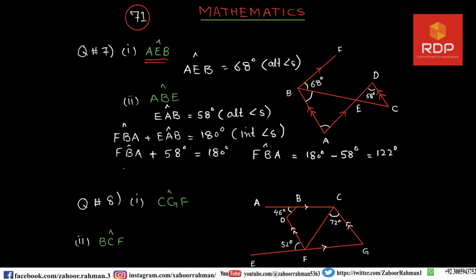Now the ultimate destination is to find ABE, and now we are in a position to find the value of ABE, which is equal to FBA minus 68 degrees. ABE is this angle.